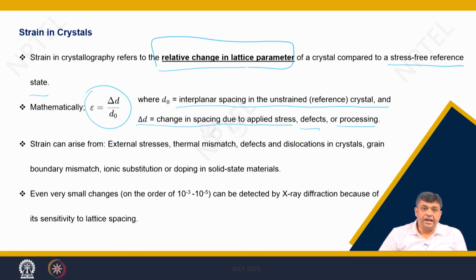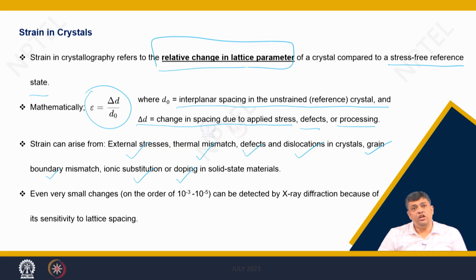So, you can have strain appearing because of external stresses, thermal mismatch, defects or dislocations, grain boundary mismatch, ionic substitutions or even doping in such solid materials.